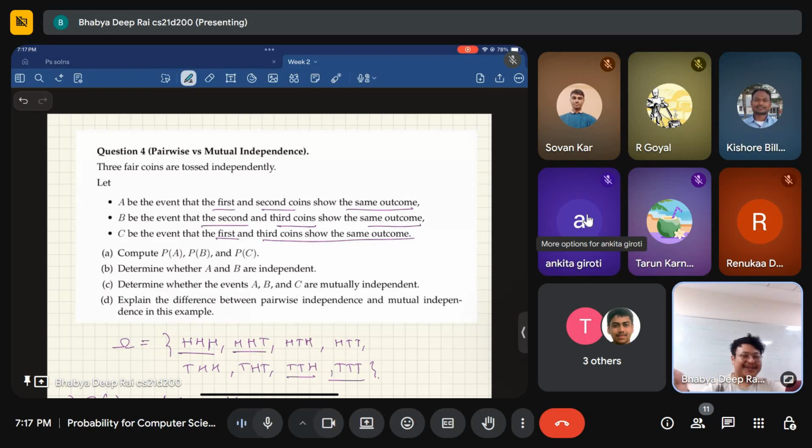Okay, listen to this carefully. A is the event that the first and second coins show the same outcome. B is the event that the second and third coins show the same outcome.